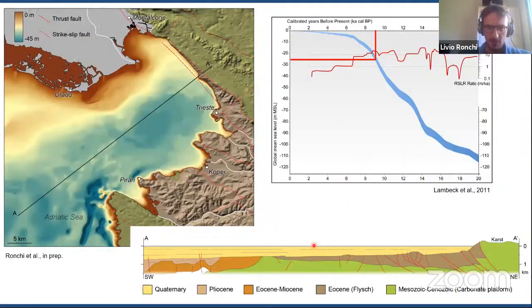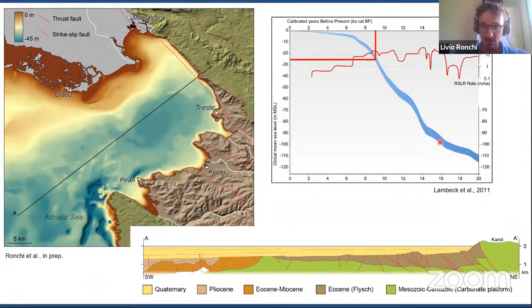A few other things. The Gulf of Trieste was exposed to subaerial conditions at least until 9.5 thousand years before present, due to the marine regression during the glacial maximum.